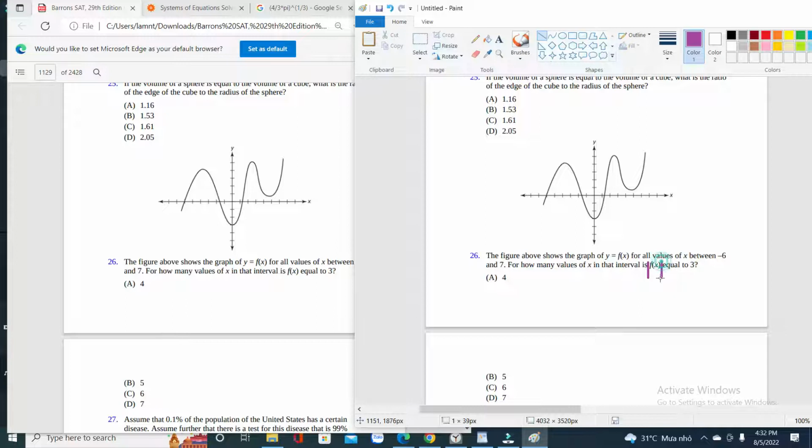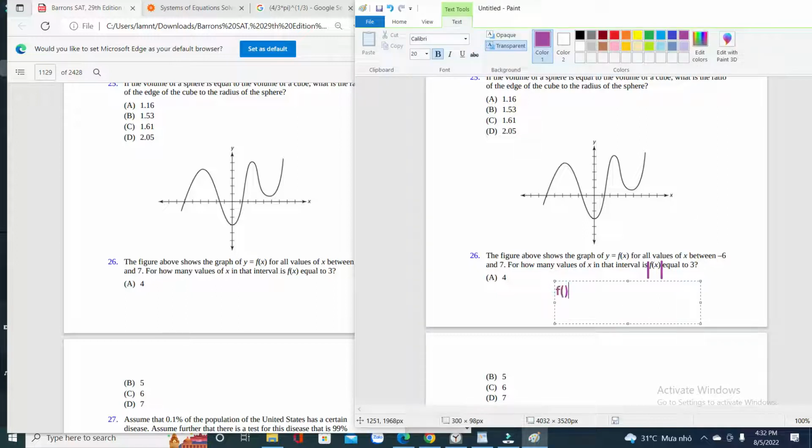Okay, the absolute value. So we have two cases. The first case is that f(x) equals 3, right? And the second case is that f(x) equals negative 3, right? Because both of these cases are going to make the absolute value of f(x) equal to 3.